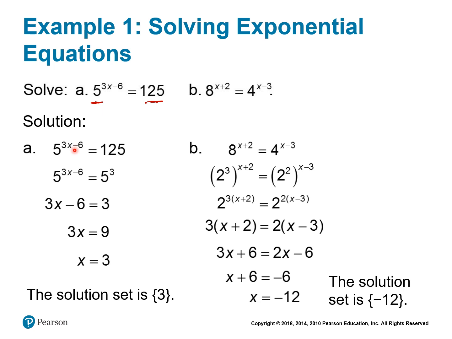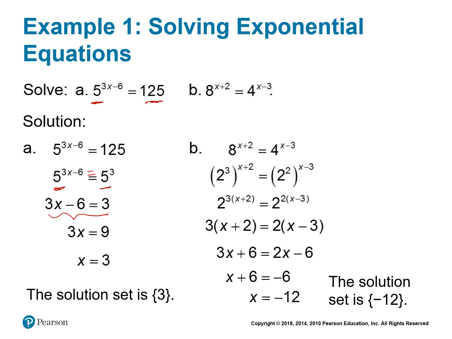5 raised to the power 3x minus 6 equals 125 was rewritten as 5 raised to the power 3x minus 6 equals 5 to the power 3. Now that we have the same base 5 and 5, we can make the exponents equal to each other, and that's what they've done here, and solve for x.